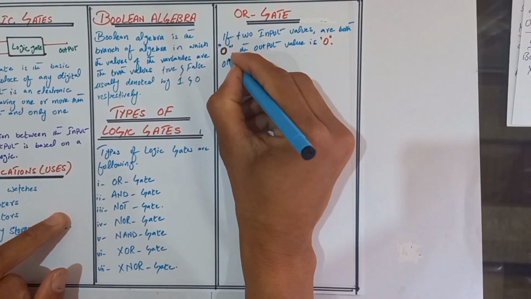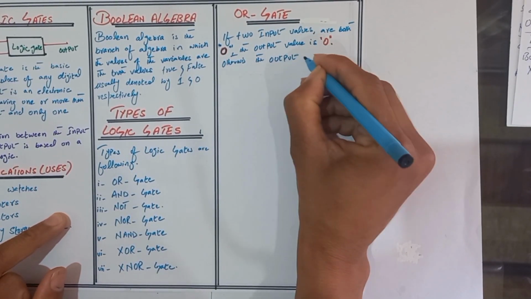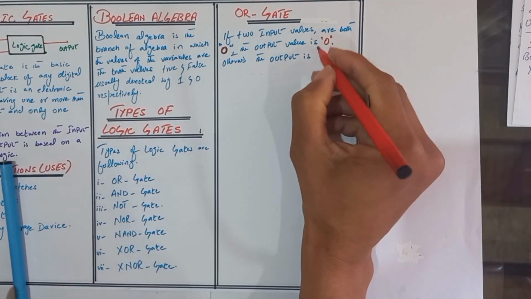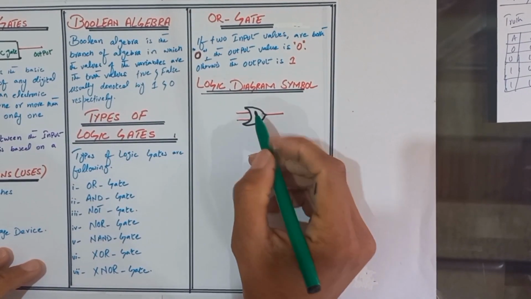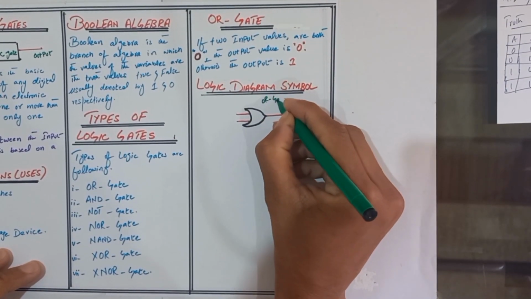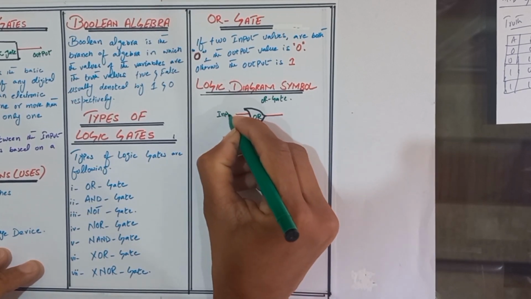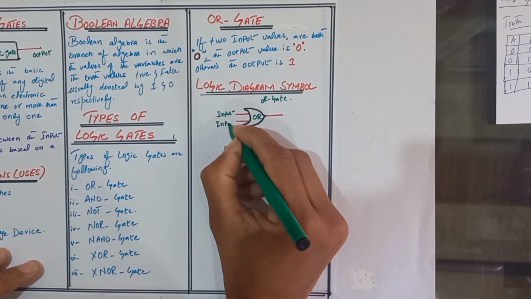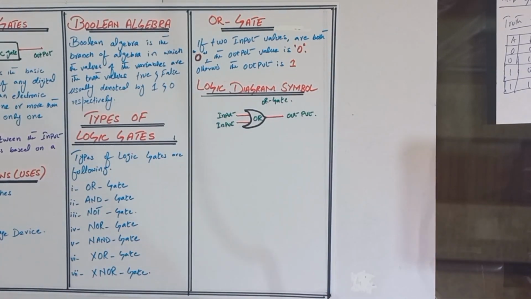Otherwise, the output is 1. Now we discuss the logic diagram symbol of the OR gate. This is the symbol of the OR gate. Here we give the OR gate input. We can give two or more inputs and get only one output.